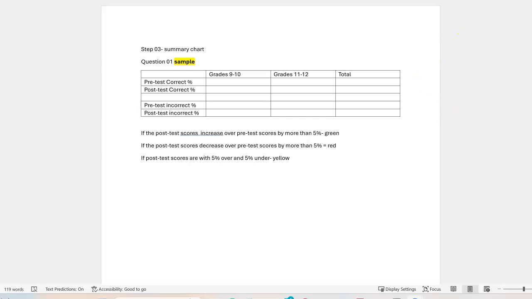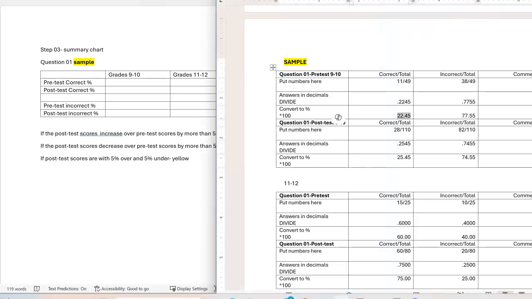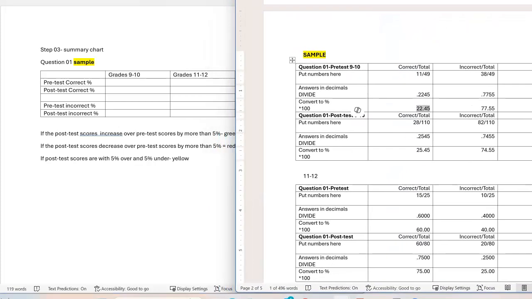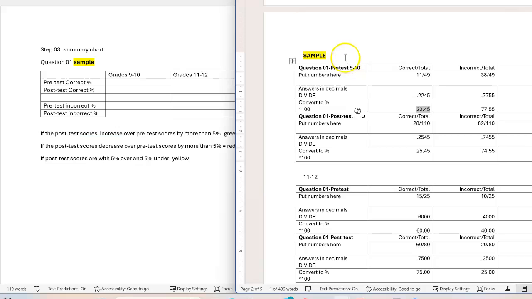So let's look at what this means. On the right is the sample of step 2, and on the left is the sample of step 3.